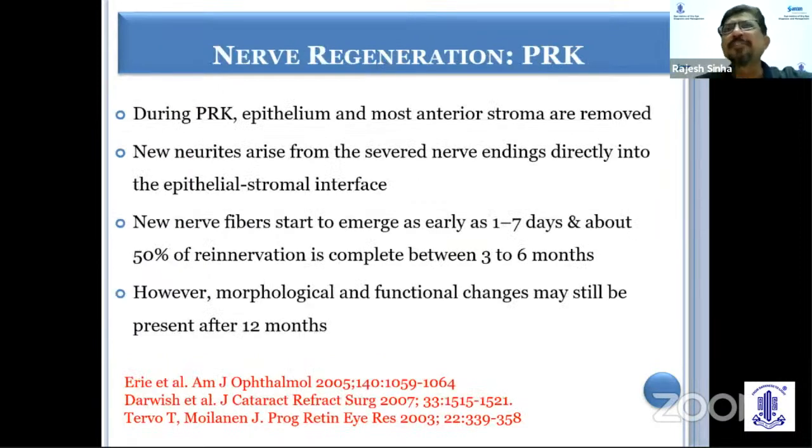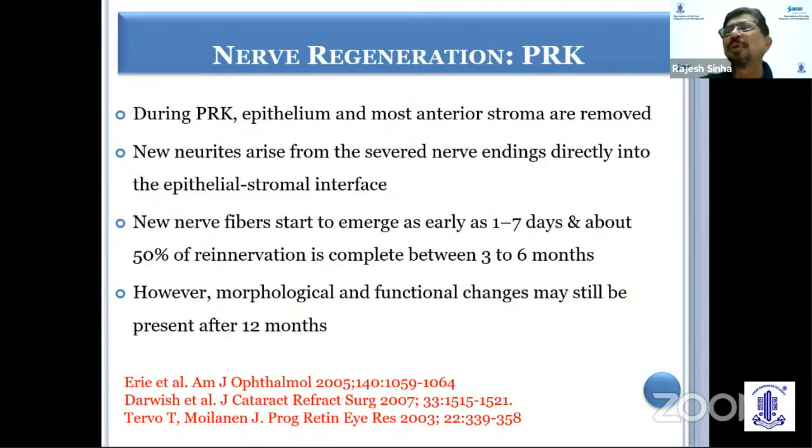And as far as nerve regeneration is concerned, in PRK the epithelium and the most anterior stroma is removed. So the new neurites arise from the severed nerve endings, and they start forming very fast. The new nerve fibers start to emerge as early as 1 to 7 days.